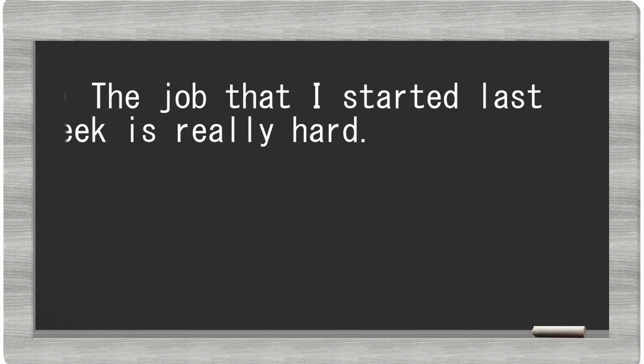So when we have a relative pronoun that refers to or replaces an object, we don't always need to use that. For example, the job that I started last week is really hard. In this case, it's referring to the object, so the job I started last week is really hard.